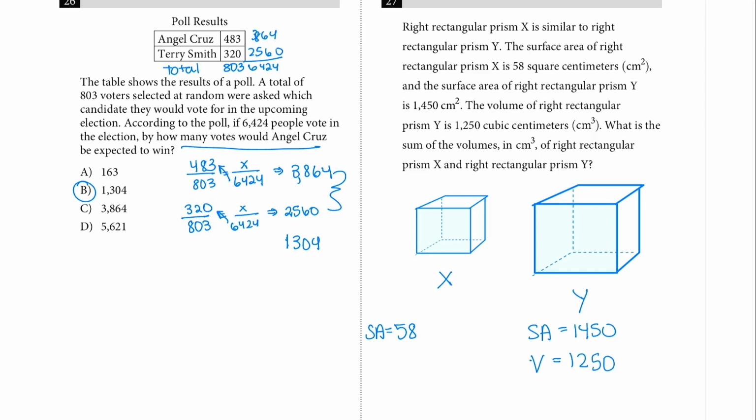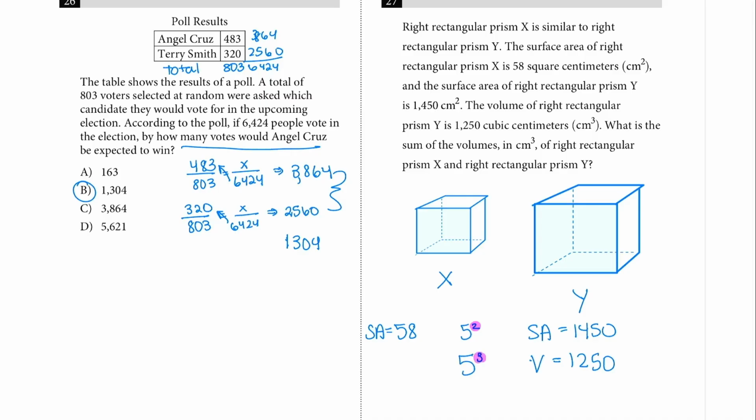Let's look at the relationship between the surface areas. So if we do 1450 divided by 58, that's going to be 25, which is the same thing as 5 squared. So surface area, whenever you are scaling one to the other, they are going to have a squared relationship with this factor. Whenever you are relating their volumes, they're going to have the same number but cubed.